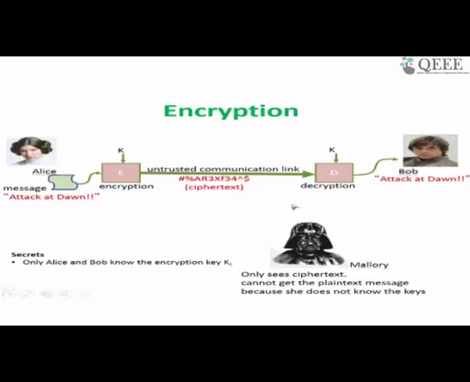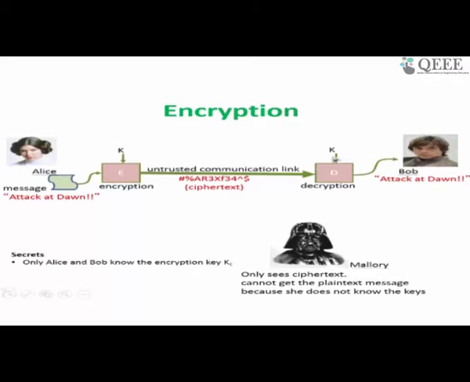So just to summarize, we have this encryption algorithm which takes the message which Alice wants to encrypt and a secret key and creates a ciphertext. Now the ciphertext is a totally random string which does not seem to contain any information about the original message from Alice, and this ciphertext can be safely sent over an untrusted communication link like the internet.